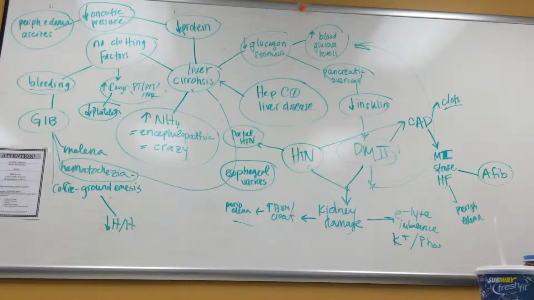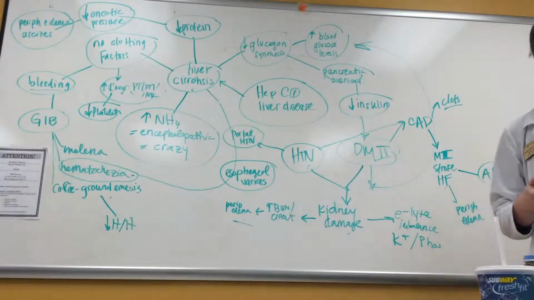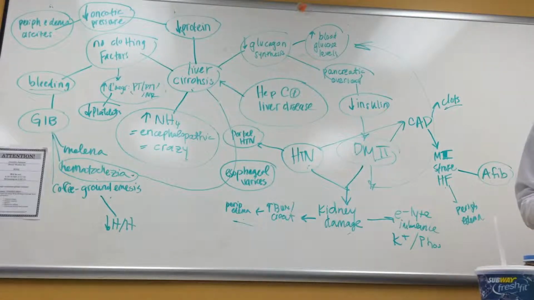Now it's just kind of confusing me because remember I was telling you earlier about the obstruction. The bowel obstruction? No, BPH. So I feel like that fits more in the center because that can cause the acute kidney injury and that can cause urosepsis.